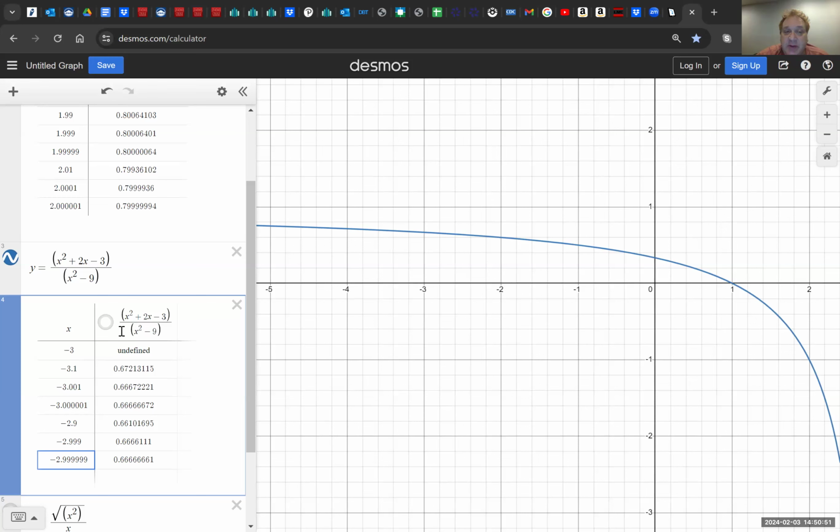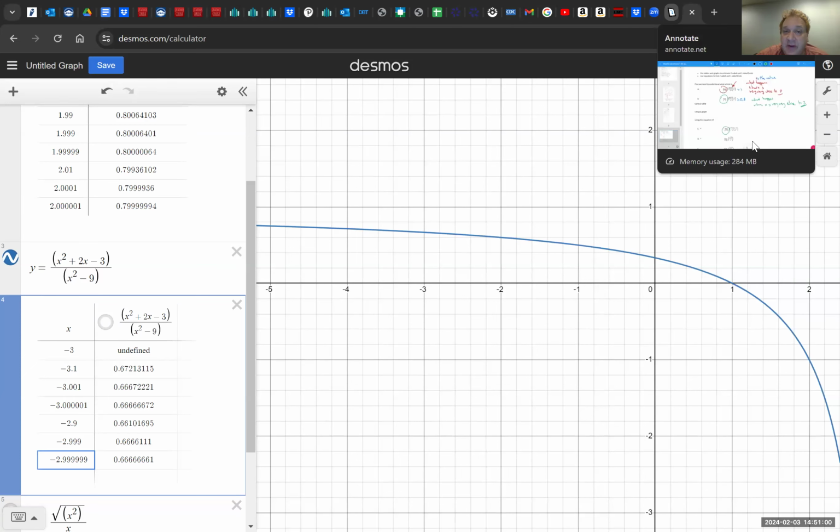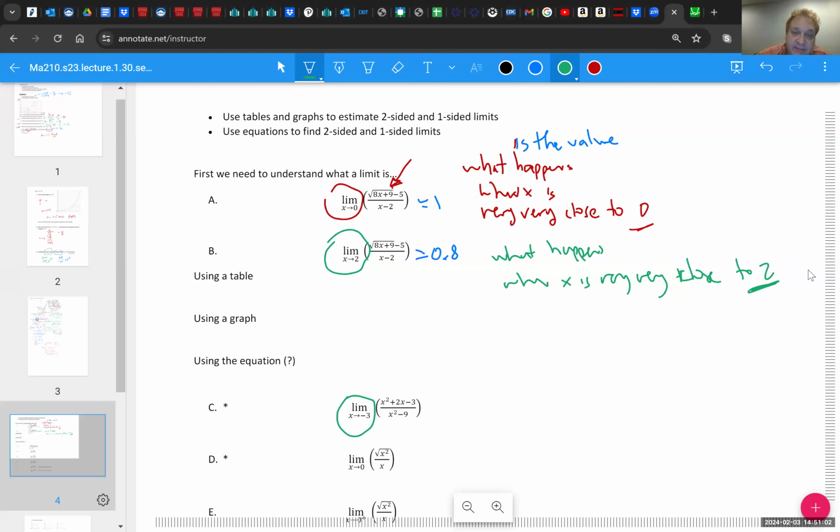I'll just write 0.6 repeating because we don't need to write it in fraction form. Okay, so according to the table and the graph, we have the limit of this thing going to 0.666 with the 6's repeating.